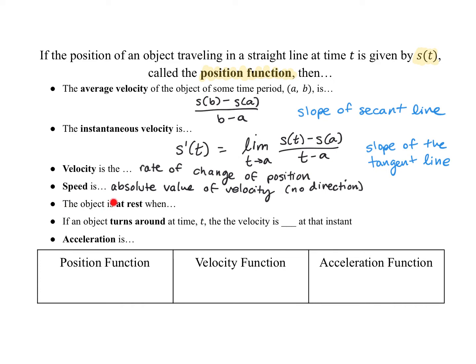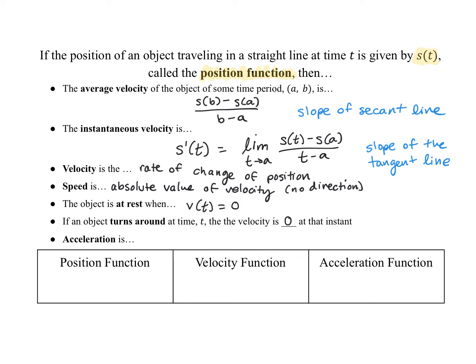Now, an object is going to be at rest when our velocity is equal to 0, right? Because the rate of change is equal to 0, so it is not moving. And if an object turns around at time t, so maybe it's moving right, and then all of a sudden it turns around and starts moving left, or it's moving up, and then all of a sudden it moves down, then the velocity is also going to be 0 at that instant.